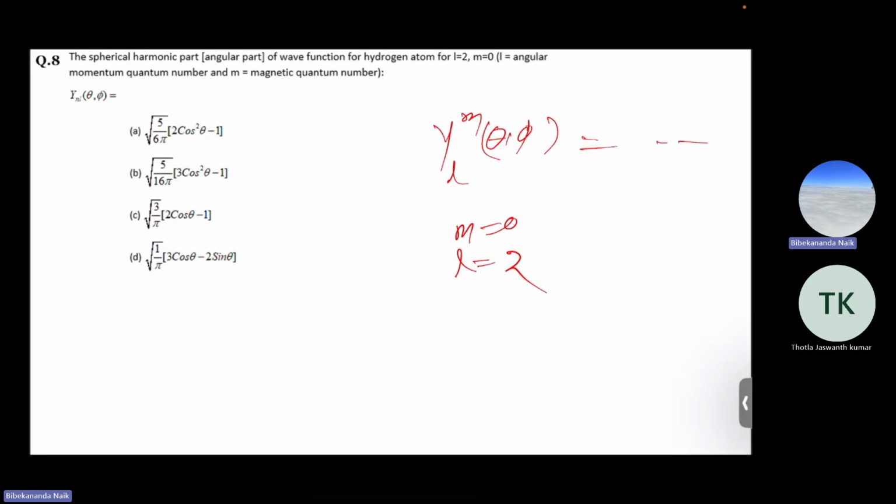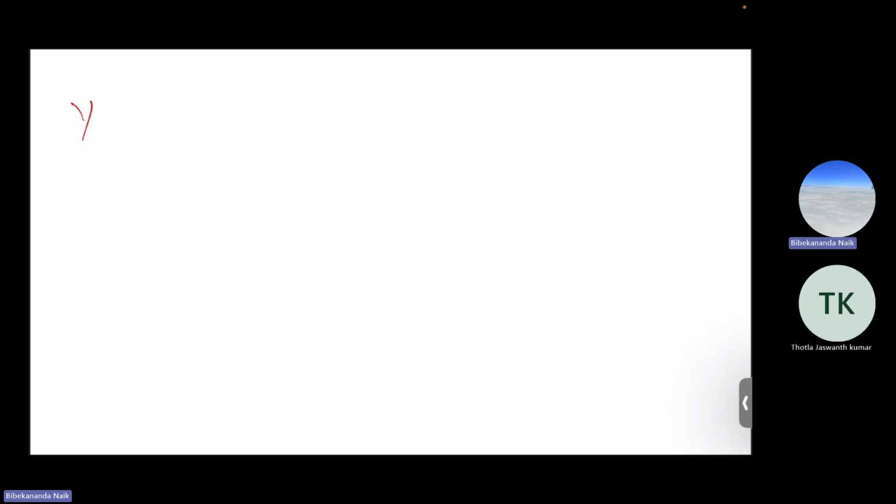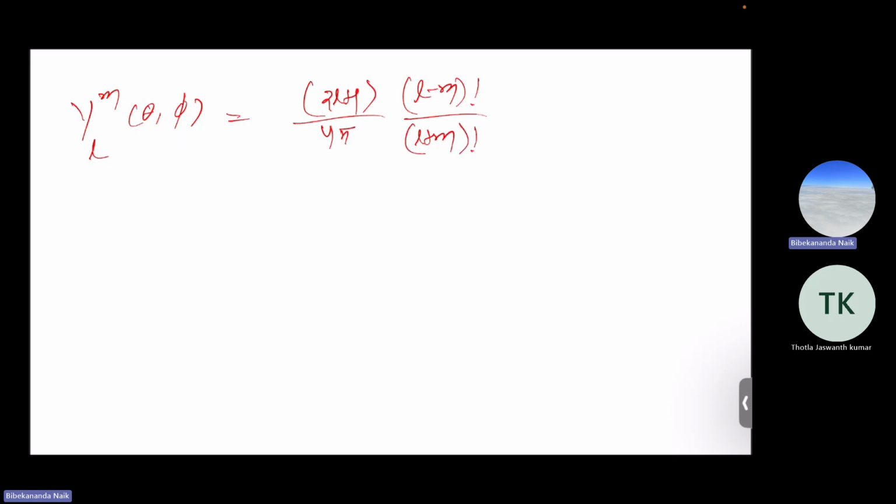So what is the generalized formula for Ylm? Ylm(theta, phi) is equal to root over (2l plus 1) by 4 pi times (l minus m)! divided by (l plus m)!, times P_lm(cos theta) e to the power i m phi.